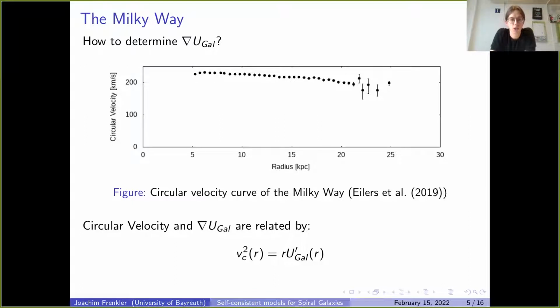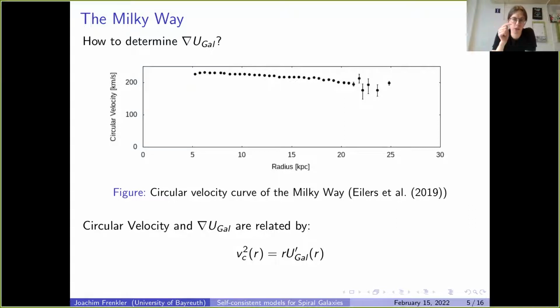The circular velocity squared at radius r is given by the radius times the derivative with respect to r of the gravitational potential of the galaxy. Here I've written the gravitational potential as a function of r since we assumed axisymmetry.